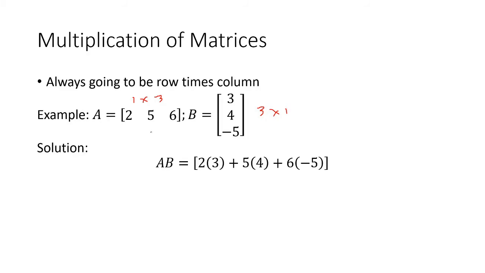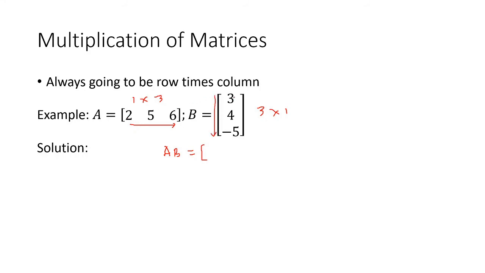Solution is this. AB is equal to, di ba, rows times column. So row times column.